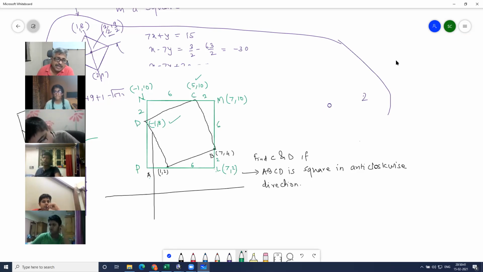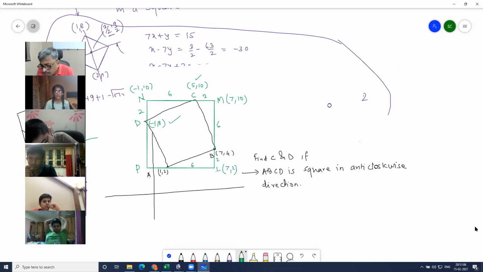Of course, it is not that we cannot find it using the equation of a straight line, finding distance, etc. We will be able to do it, no doubt about it. But this is the best method: 4 triangles in a square, just complete right angle triangles. And now, if the lines are parallel to the x-axis and y-axis, then the answers are going to be easy.